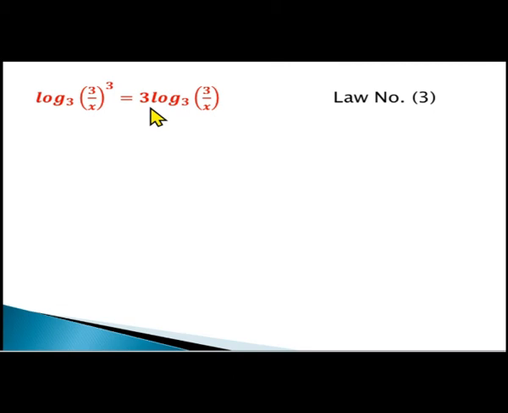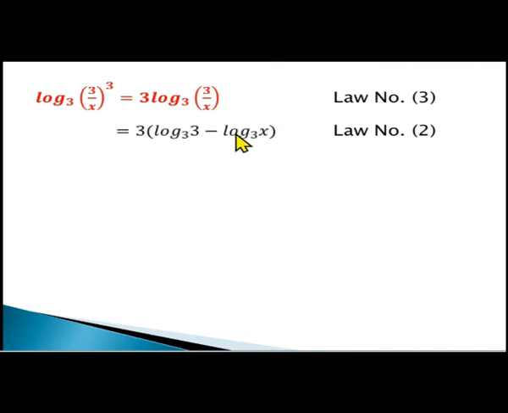Applying the third law, this becomes 3 times the logarithm of the quantity 3 divided by x with base 3. Now in this part, you still have the division, so we will try to expand it. Division is equal to subtraction in law number 2.